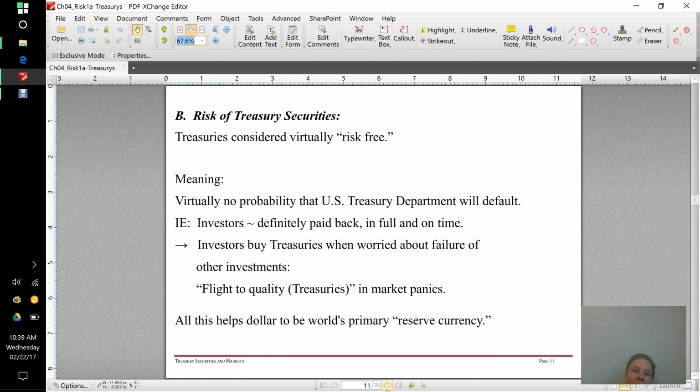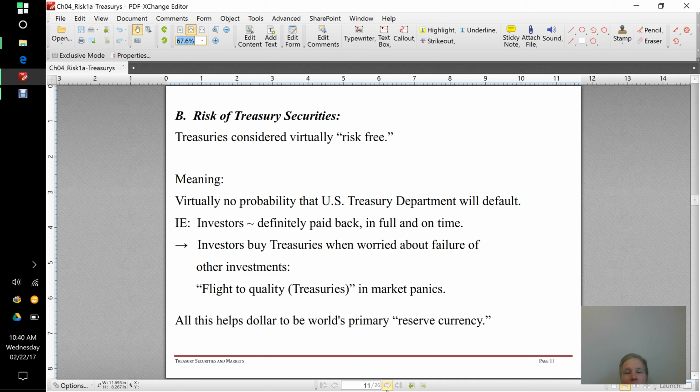What this means is that investors buy treasuries when they're scared of or worried about the failure of other investments like stocks and high yield bonds and even real estate. And that's why we say that there is a flight to treasuries in market panics. When the market is starting to panic, people sell their stocks and they buy treasuries because the treasuries are so safe.